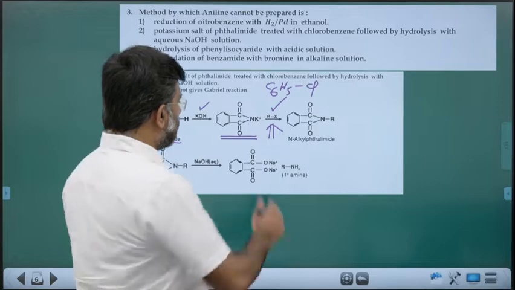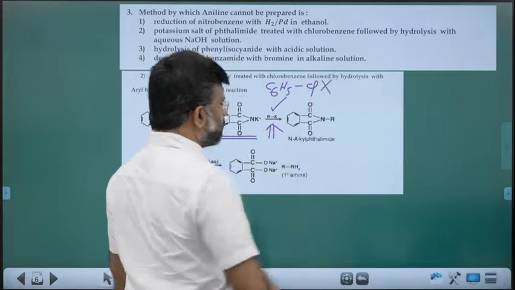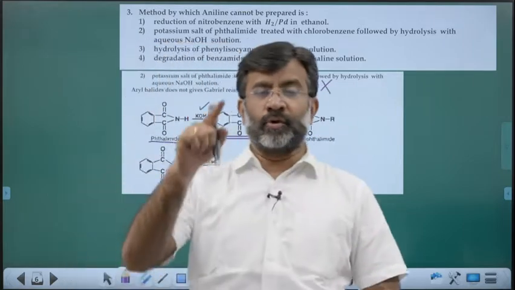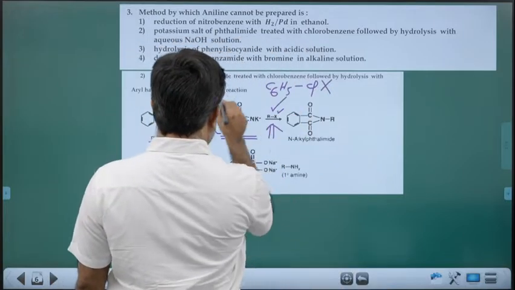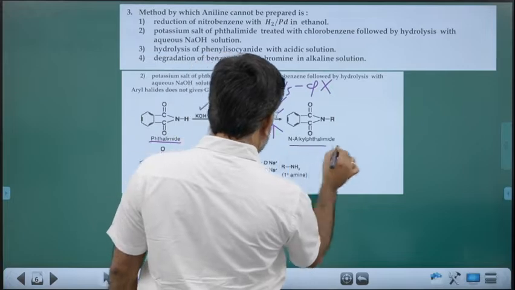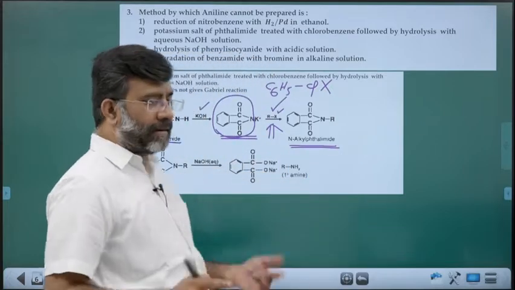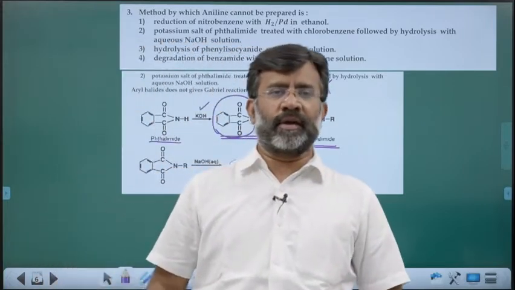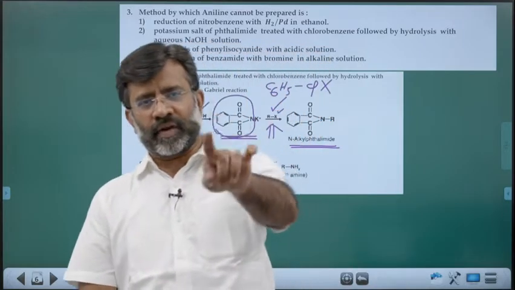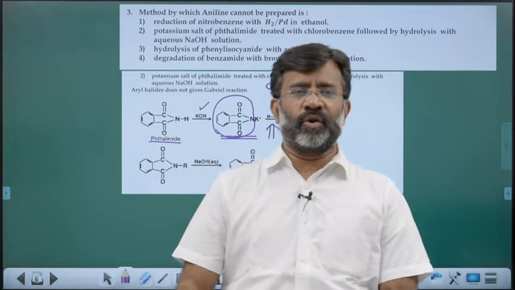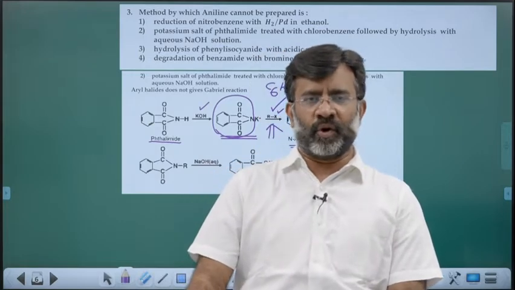See, at this position, you can't use this because the reaction is nucleophilic substitution. This X is replaced by this nucleophile and you are getting N-alkyl phthalimide. That reaction is not possible if you are taking chlorobenzene. Why? Because chlorobenzene is extremely less reactive towards nucleophilic substitution reaction, all of you know.